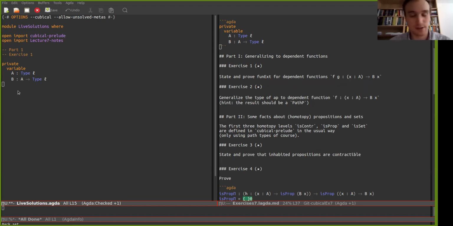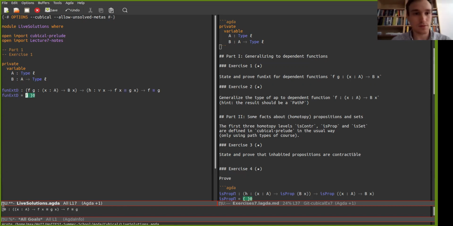So this is really, instead of going from A to B, it's from x in A to B x, and then the rest of the definition reads out the same.